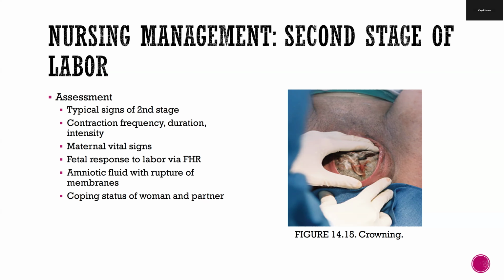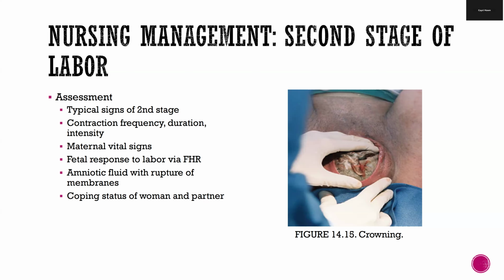It's not only of her, but of whoever's her support person or people. And assessments wise, we need to know the progress of labor. So we might look as we're getting ready to do a sterile vaginal exam or SVE and know, is the perineum bulging? Is there separation of the labia?